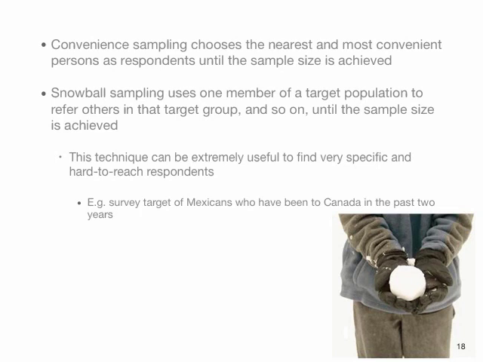Well, you may find a few people that fall into that group and then get them to recommend other Prius owners who also go on eco tours. Again, snowball sampling is a technique that isn't used all that often, but it can be very useful for getting a very hard to reach target market.